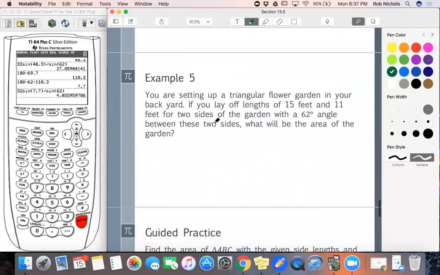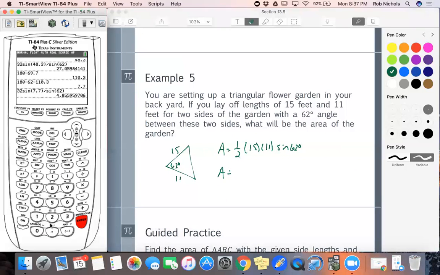Example 5: you are setting up a triangular flower garden in your backyard. If you lay off lengths of 15 feet and 11 feet for two sides of the garden with a 62-degree angle between those sides, what is the area? Right, so here's your garden. Here's 62 degrees, here's 15, and here's 11. So the area is 1/2 the product of the two sides times the sine of the included angle.